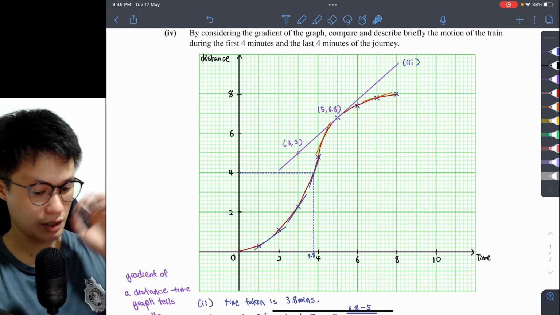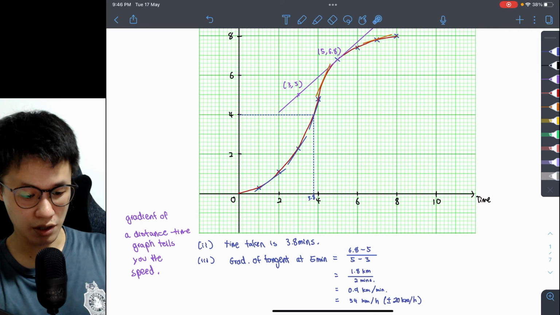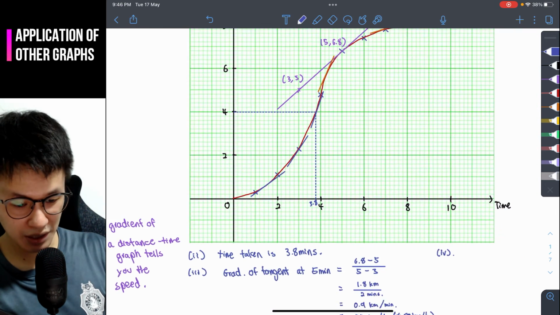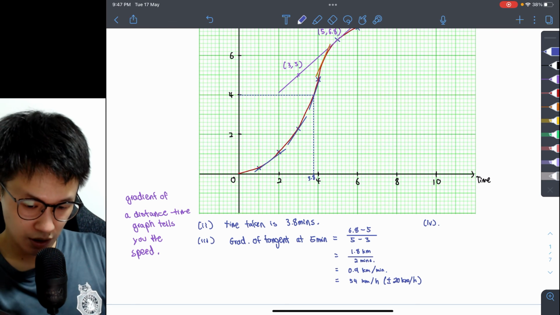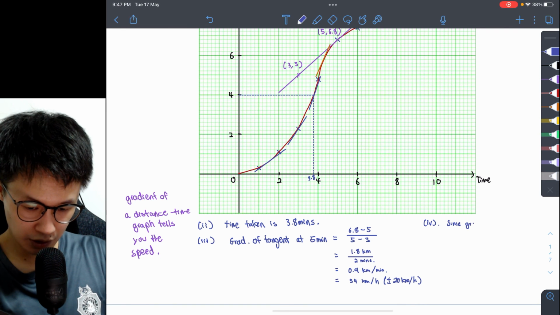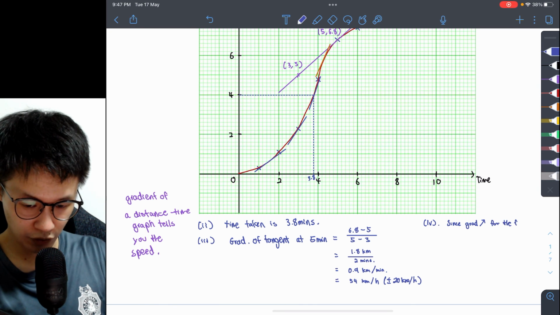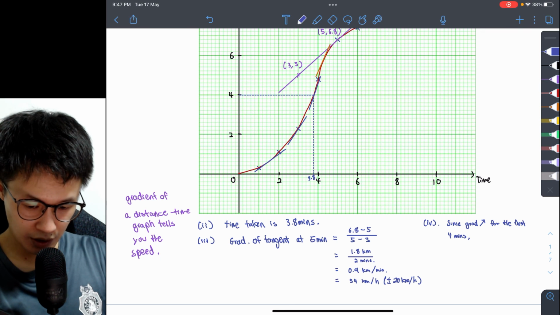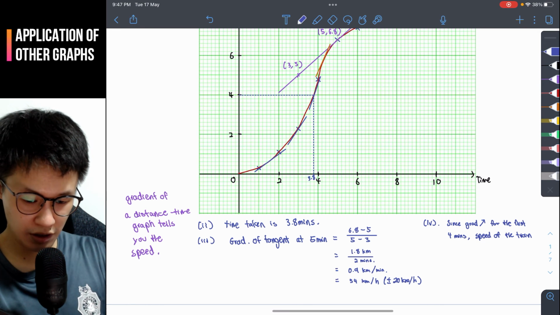So what can we conclude from this? If the gradient for this graph corresponds to speed, we can say that the speed is increasing. Since the gradient increases for the first 4 minutes of the journey, the speed of the train increases.